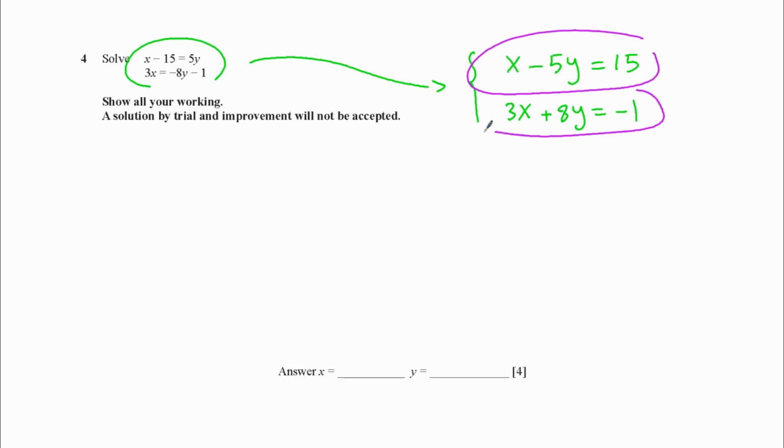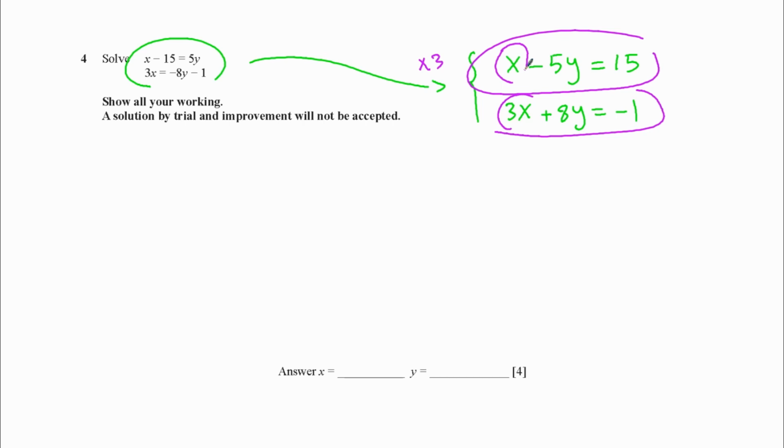To do that, I see that we have 3x in here and we have x in here. So it is easier to say that if I time the top equation by 3, I can get a 3x, which then 3x and 3x are equal, and if I subtract, I have eliminated x. So this is the plan that we do to solve this simultaneous equation.